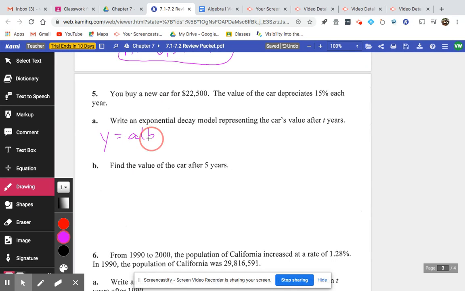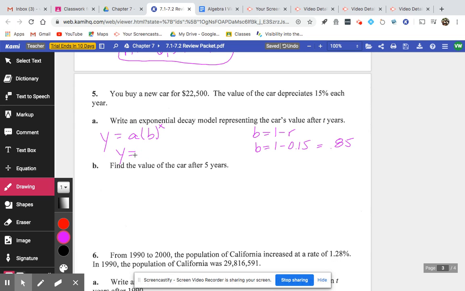A times b to the x, where in decay, b is equal to 1 minus whatever the rate is. So in this case, my b is 1 minus 0.15, which is 0.85. So that's my b.